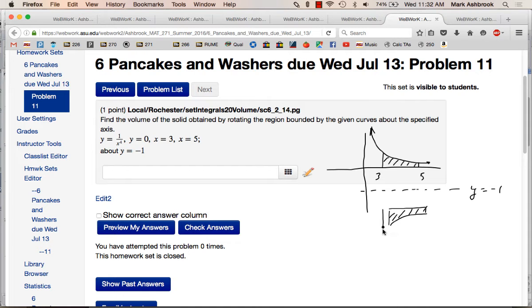Over here, though. Okay, something like that. And then, so our typical, are we going to have pancakes or washers?